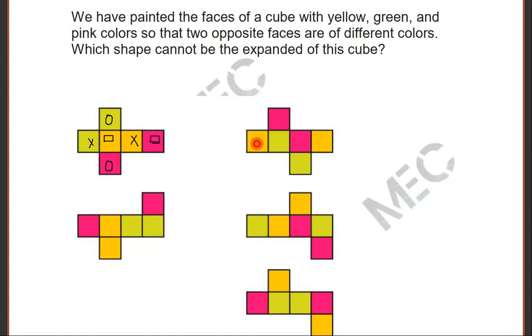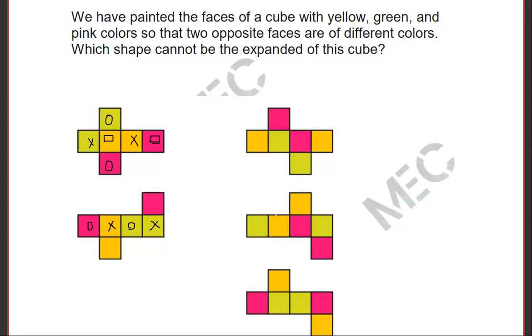Again, we roll down these four. This makes the lateral surface, and these two make the opposite faces of top and bottom. This is okay again. So here they are again of different color. These are again of different color.